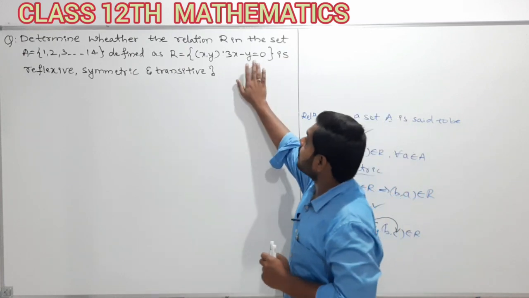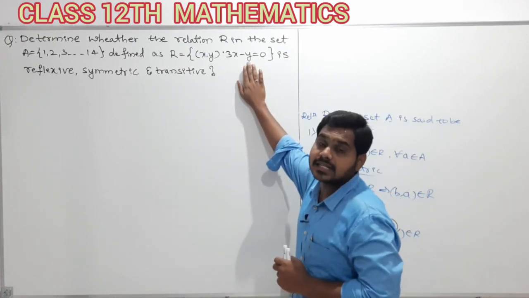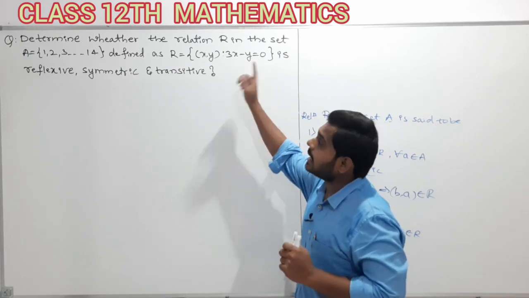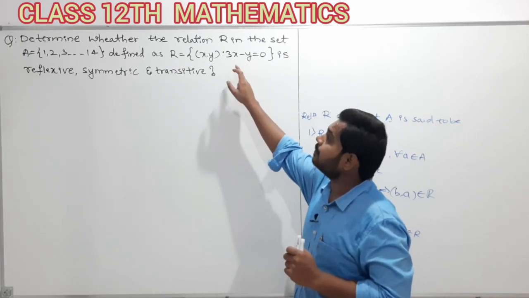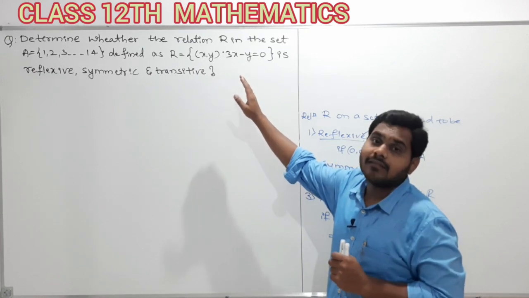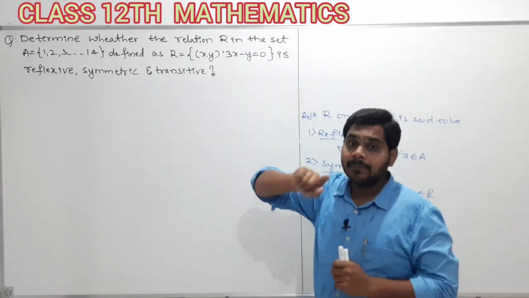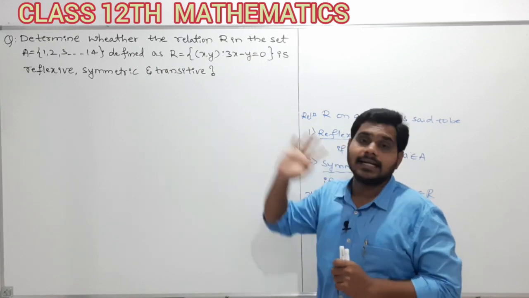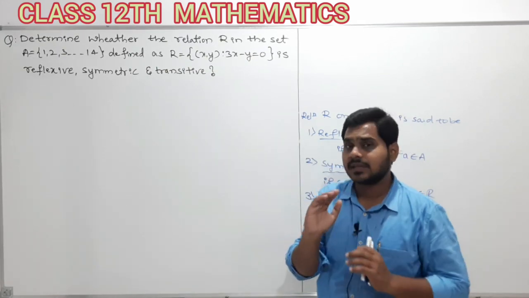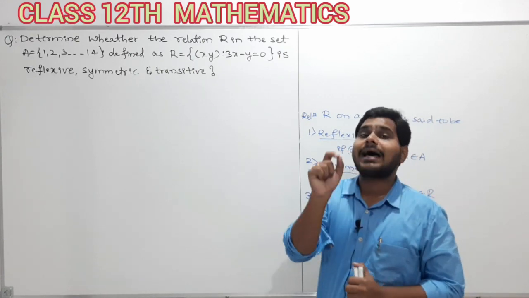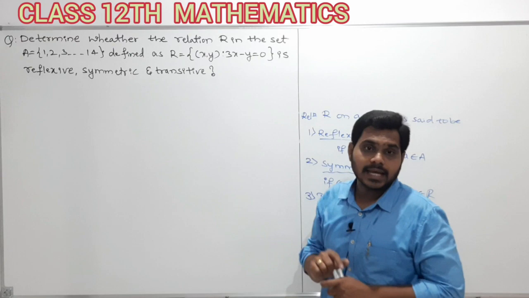To find out which elements satisfy this equation, I'll substitute x value 1, x value 2, and so on. Keep in your mind, both x and y values must be from the set A itself. We should not take the elements from outside.